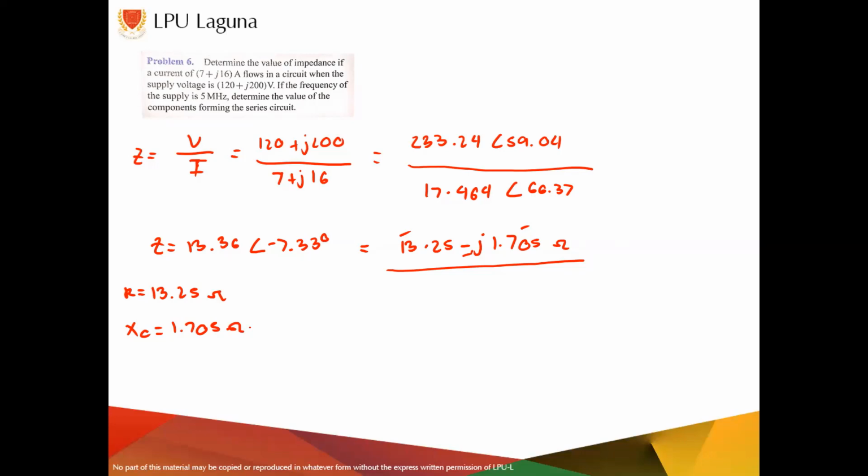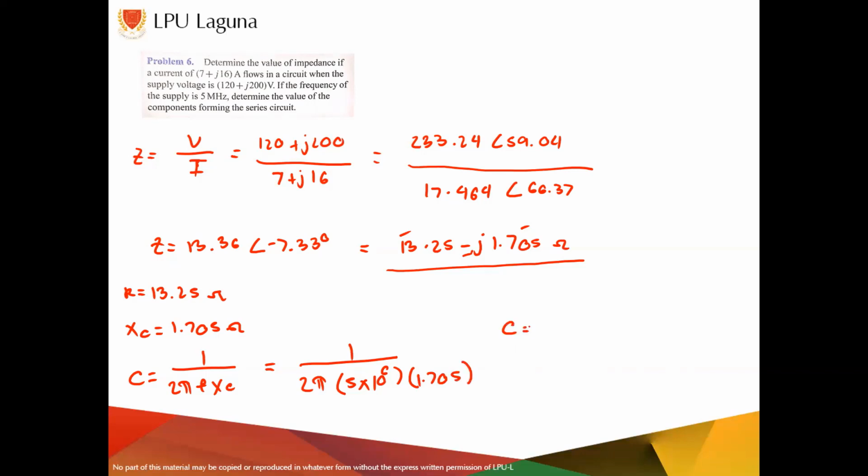So, kung nahanap pa natin ng ating C, the value of C. C is equals to 1 over 2 pi FXC. 1 over 2 pi f of 5 megahertz, or 5 times 10 raised to 6 times XC. And XC is 1.705.